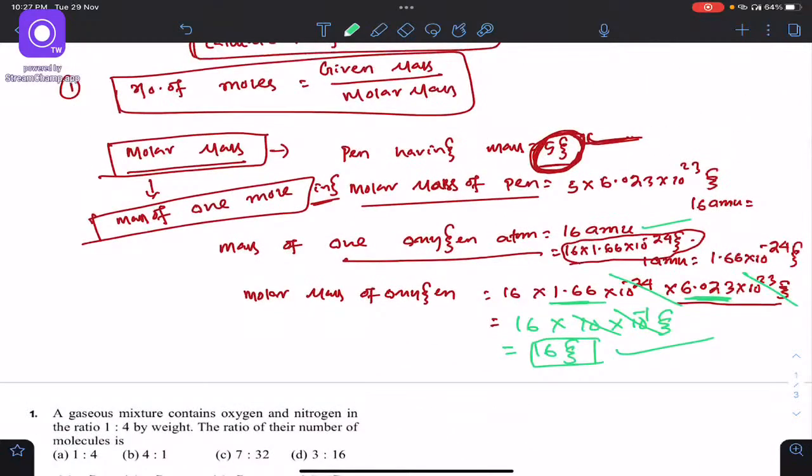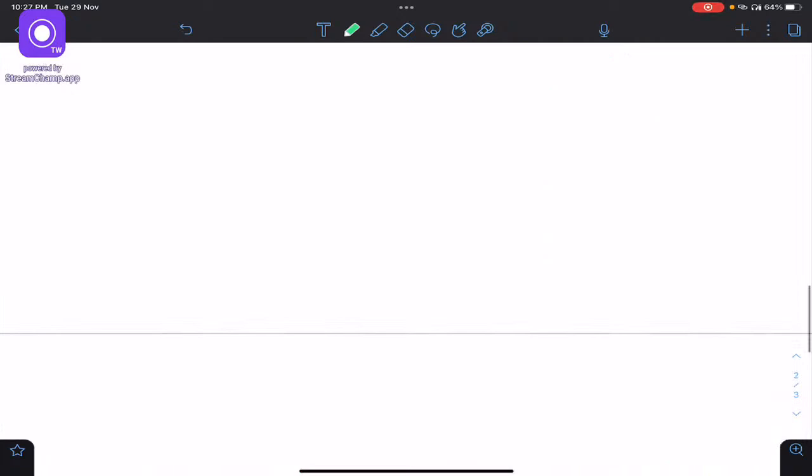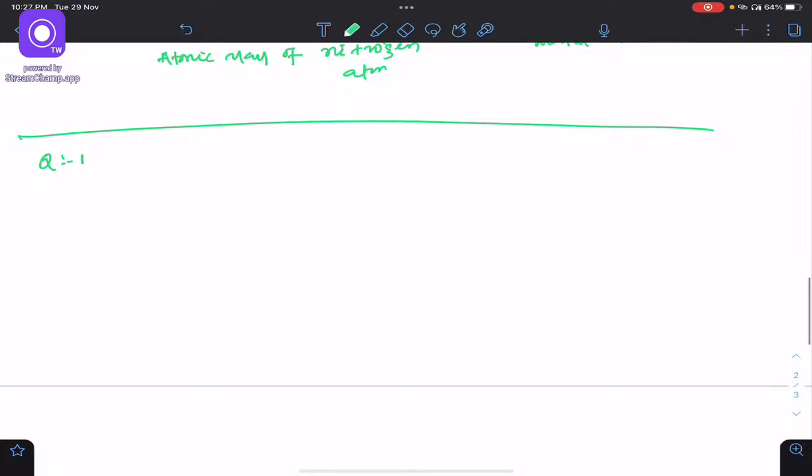Next one, so our formula is number of moles is equal to given mass upon molar mass. Let's do the questions from this formula. Question number 1.